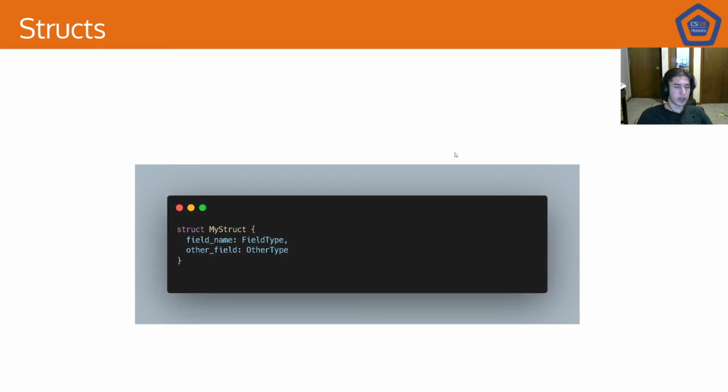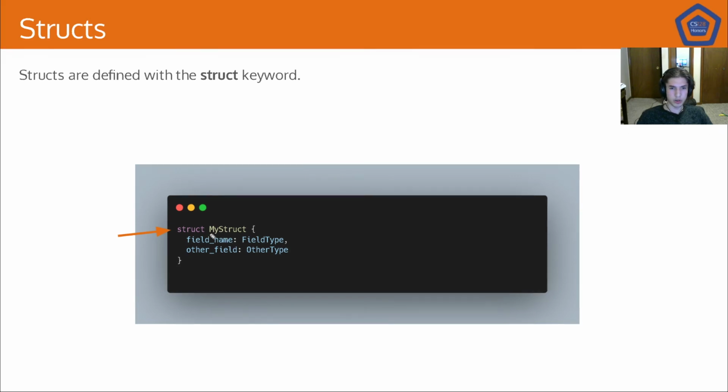So how do we create a struct? Well, the first step is using the struct keyword. Hopefully that isn't too surprising. We can name our struct whatever we want. We do want to try to stick to this capital letter casing because that's semantically correct. I think it's also fine if this first letter is lowercase. I think that's camel case versus capital case or something.